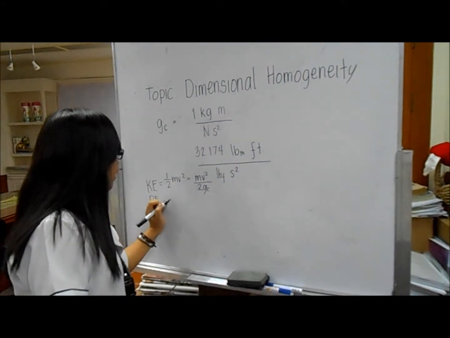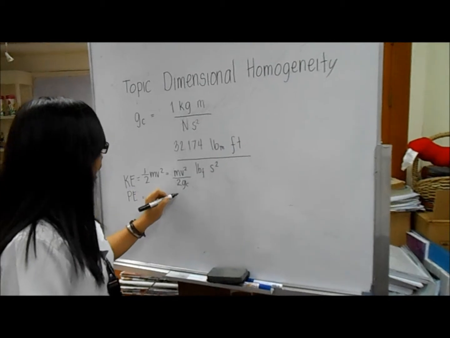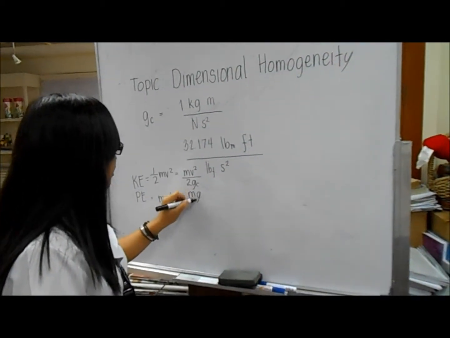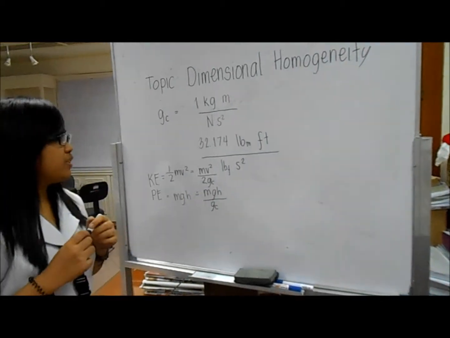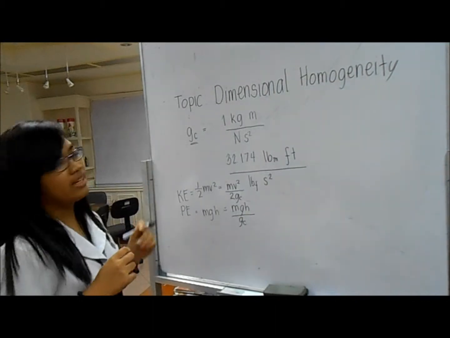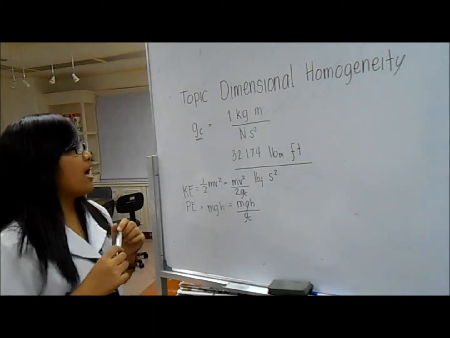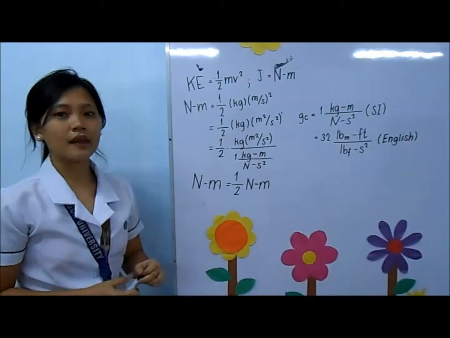And the original mgh for potential energy becomes mgh all over g sub c. For the succeeding examples, we will discuss the application of G sub c for the kinetic energy and potential energy, as well as proving if both equations are dimensionally homogeneous.